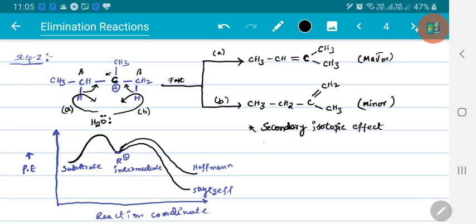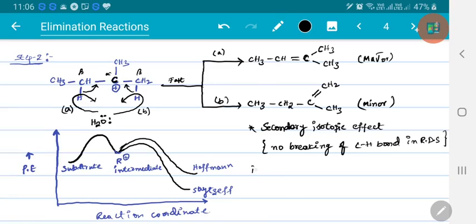The reason is no breaking of the C-H bond in the rate determining step, the RDS.